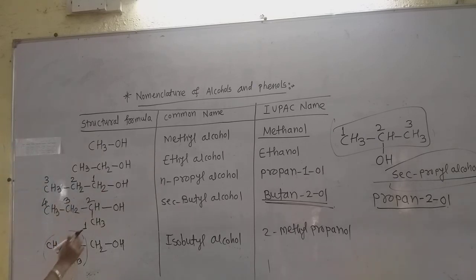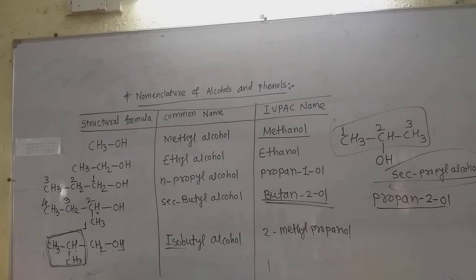In secondary butyl alcohol, the OH group is directly attached to the carbon containing one hydrogen. But in isobutyl alcohol, the OH group is attached to another carbon, not directly to that carbon having one hydrogen. But somewhere in that molecule such a grouping must be there. Then and only then it is isobutyl. This is very important from the point of view of chemical reactions.